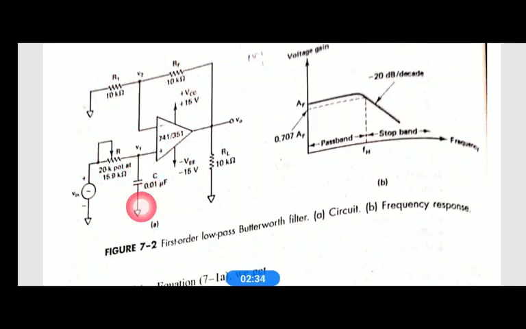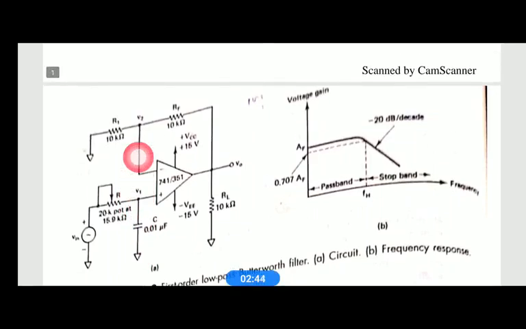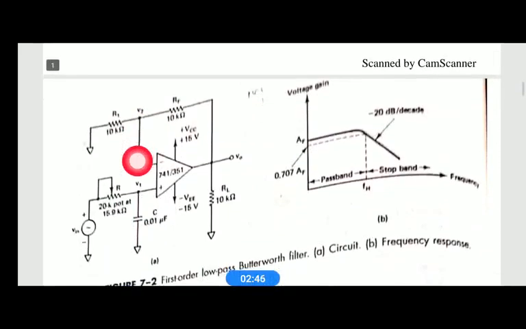We can take this V1 voltage from the applied input Vin by applying the voltage divider rule to the RC network.